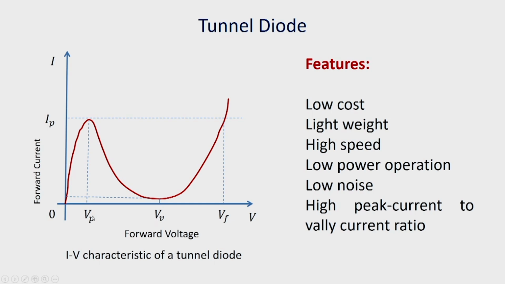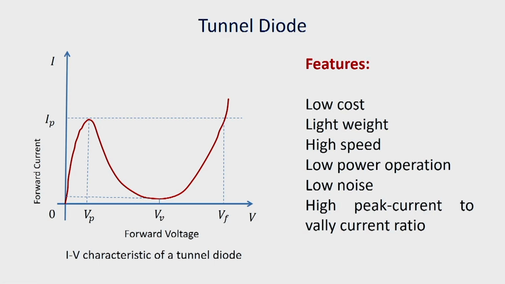So, Vp is the voltage corresponding to peak current Ip, and this is the lowest current which is called the valley current, and Vv is the voltage corresponding to the valley current.